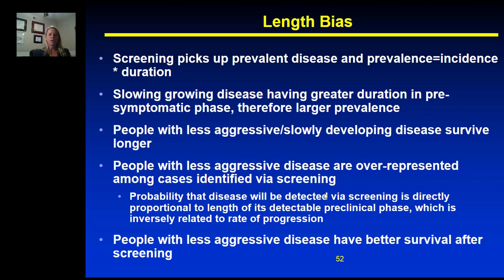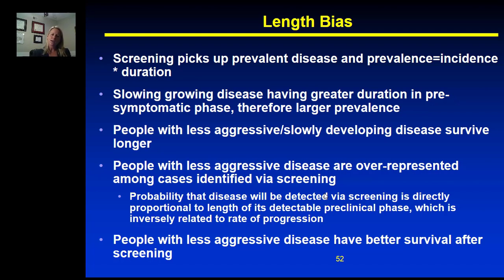So as we've discussed, prevalence is a measure of the product of incidence and the duration of the disease. And as we know, by screening, we're picking up prevalent disease, right? We're not picking up incident disease.